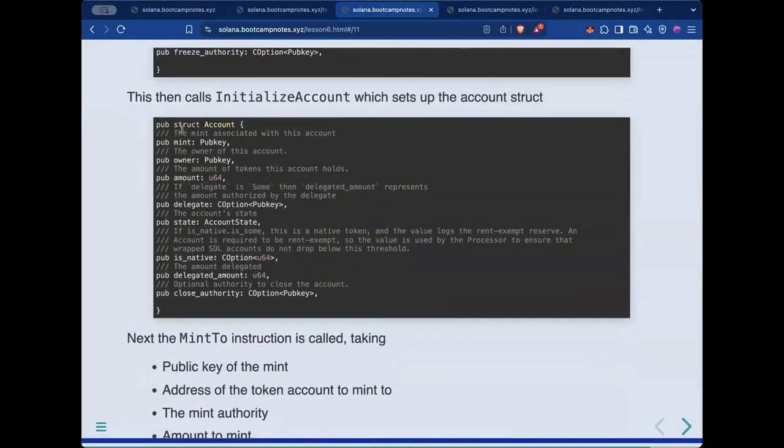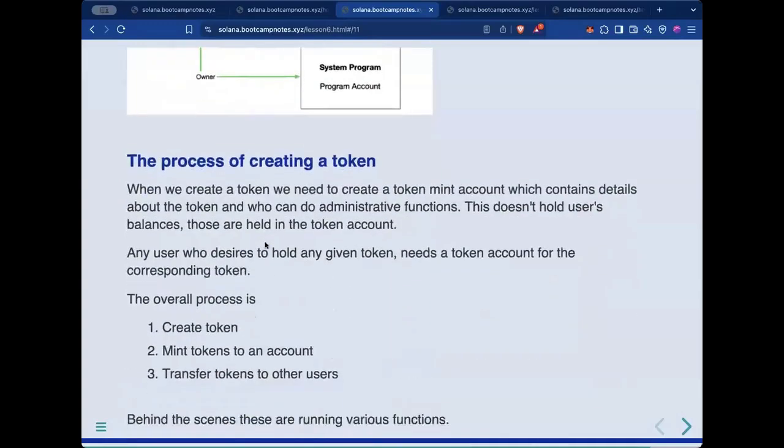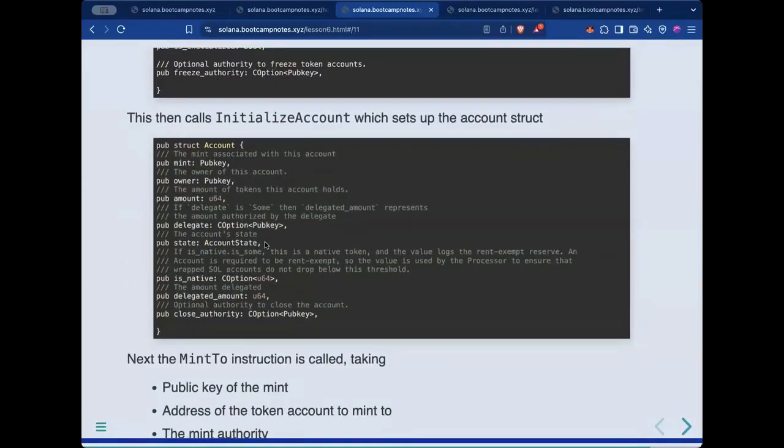So you can see the fields within that particular account. We have the mint here, the mint account. So this is owning this particular token.